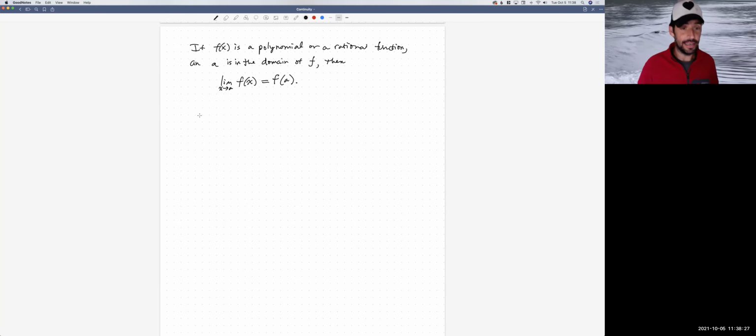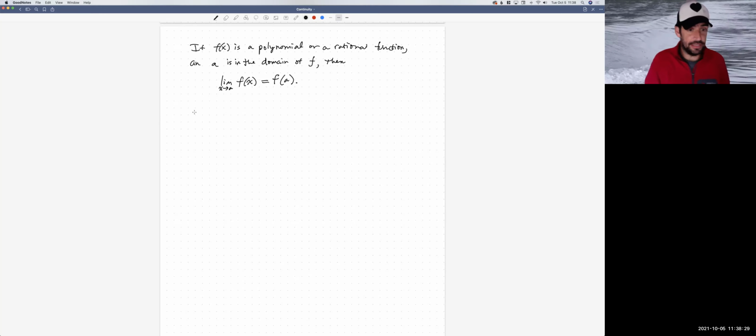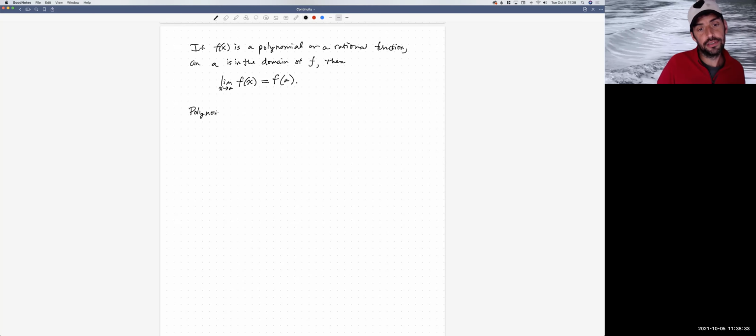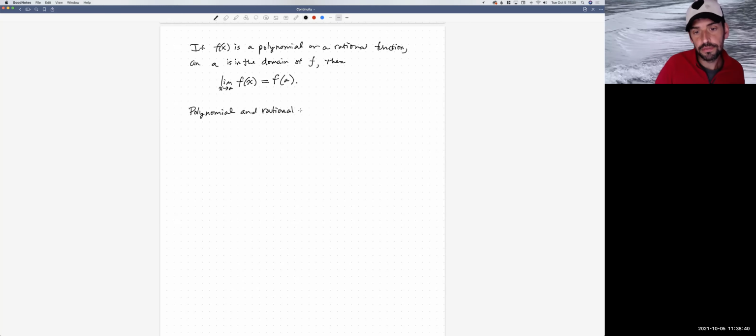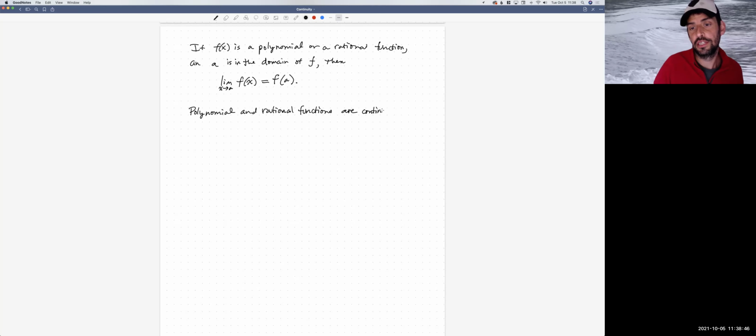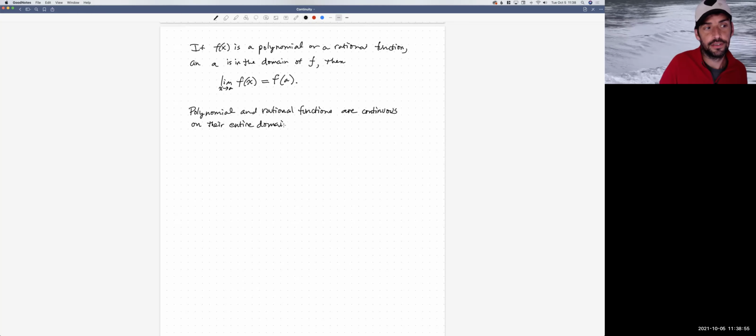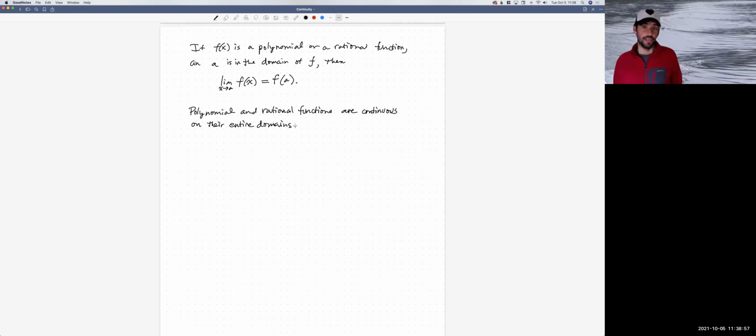This statement can now be restated just a little bit differently by saying that polynomial and rational functions are continuous on their entire domains, right?